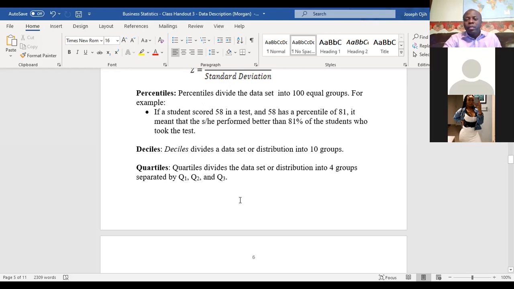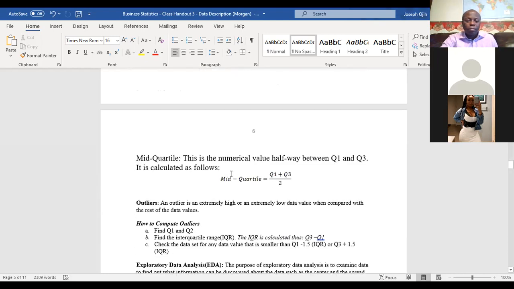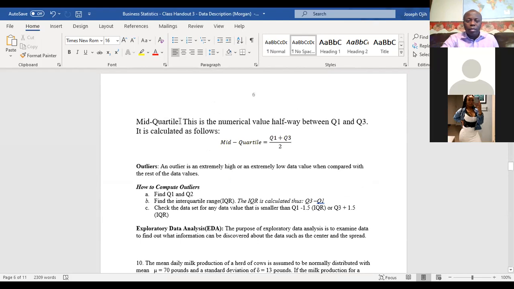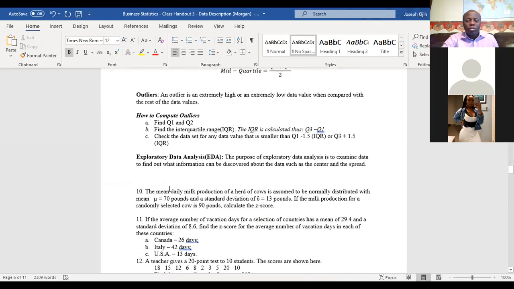So even though quartiles divide the distribution into 4 groups, we're only interested in the first, second, and third quartile. Then we come to the rest of the concepts, like the mid quartile, and the outliers, how to find the outliers, and so on and so forth.